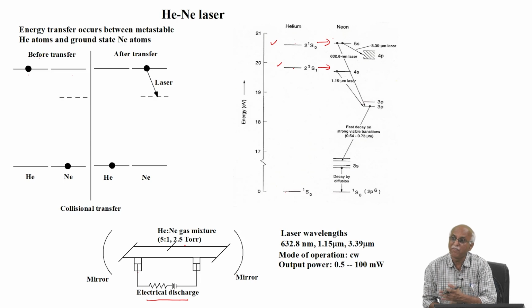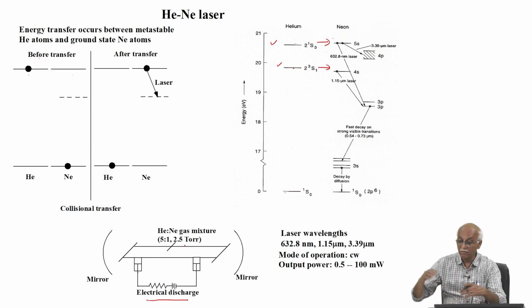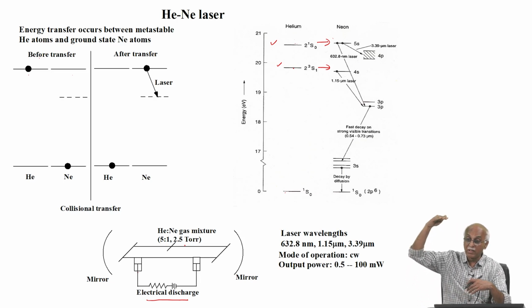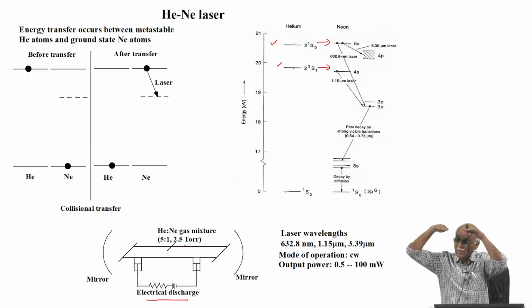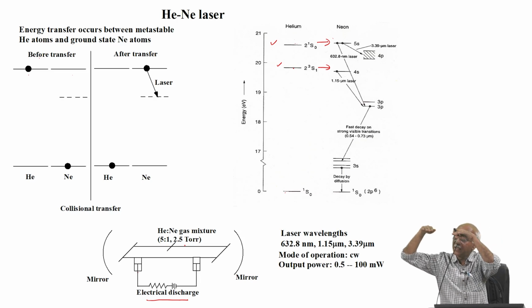However, it is not efficient as compared to helium. We can easily excite helium, and the energy level of helium where it gets excited matches with the neon's particular energy level, and that is why energy transfer is quite efficient.